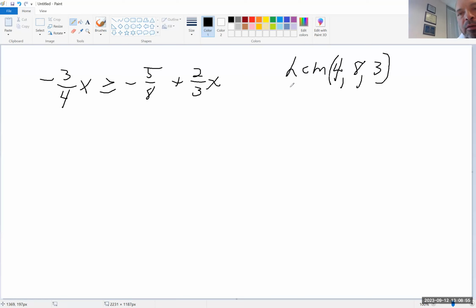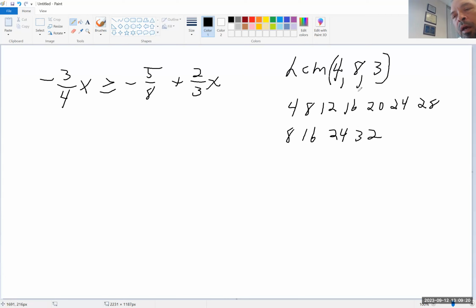So the way to find the least common multiple of those numbers is to write the multiples of each. You might already see what the answer is, but if you don't, then this would be the process: write the multiples of 4, write the multiples of 8, and then write the multiples of 3.